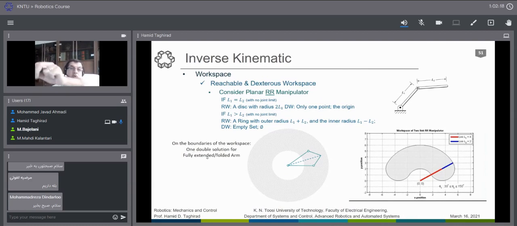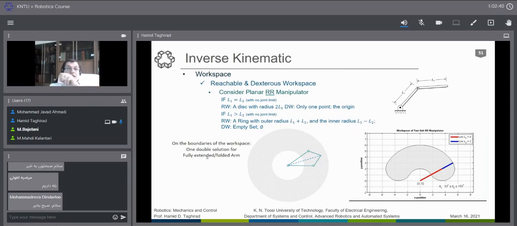If we are at the end of our workspace, I'm fully folded arm. A point before that, I'm not fully folded. I'm fully folded, and then I cannot go further in. I should come back. My trajectory cannot go out of the workspace.